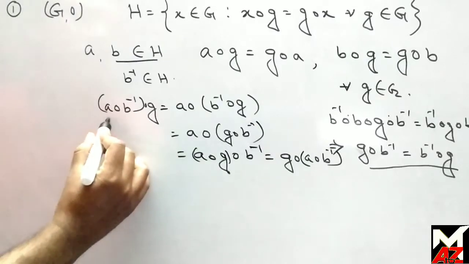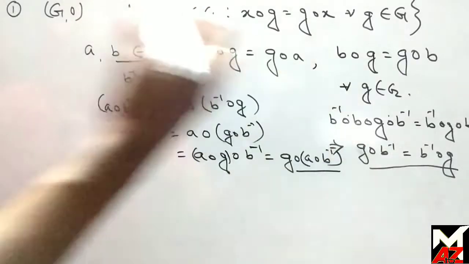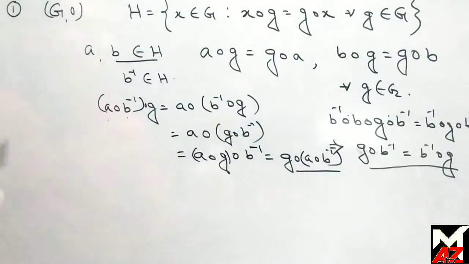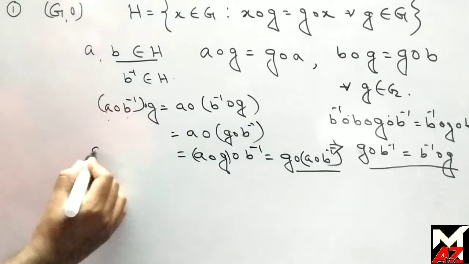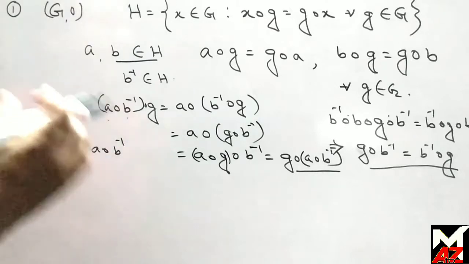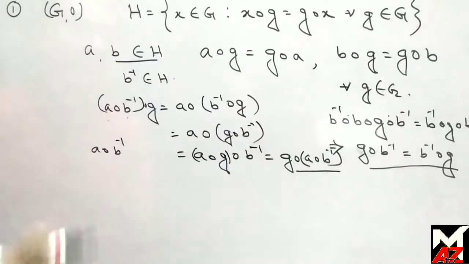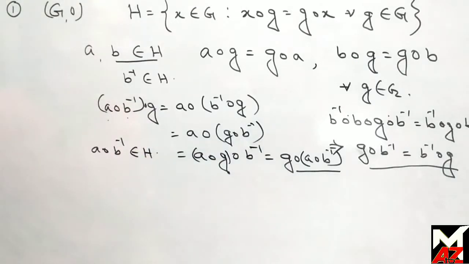Now a composition b inverse composition g is equal to g composition a composition b inverse. So we can say a composition b inverse commutes with every element of G. That is, a composition b inverse belongs to capital H.